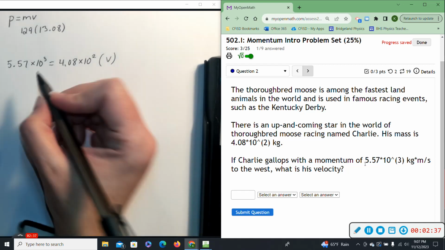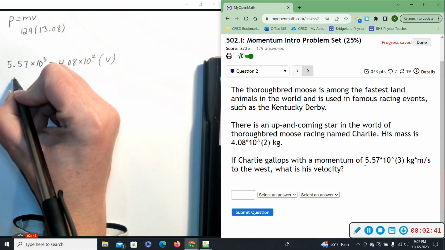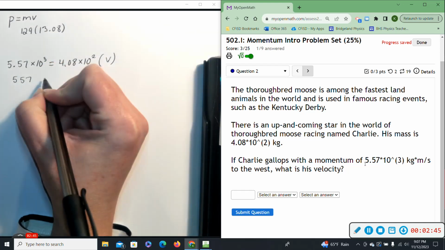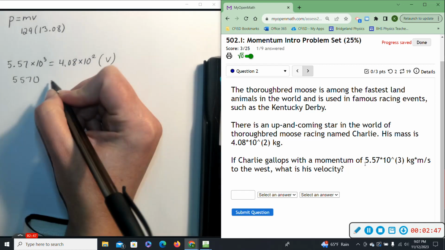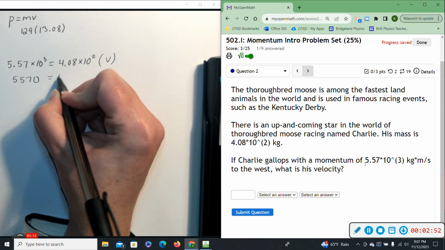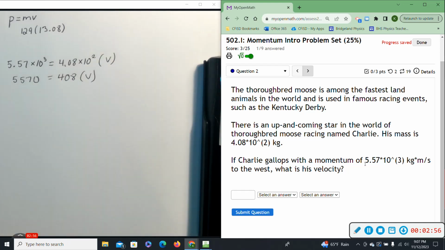You can take these and put these values into standard form instead of scientific notation if you would like to. That would be 5.57 times 10 to the third would be 5,570. 4.08 times 10 to the second is 408. Okay, and so that's really what you're doing here.